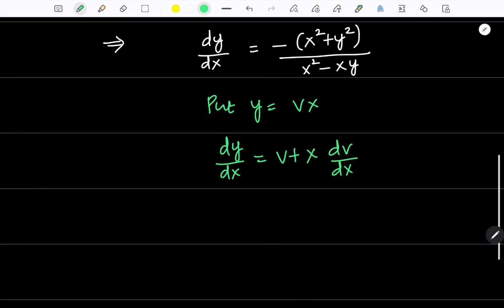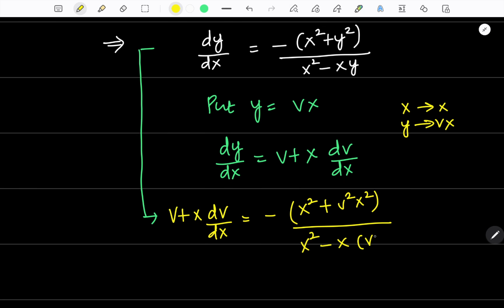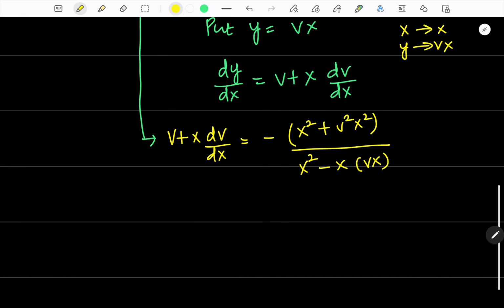Okay, right. So now in this equation, we are going to put all the values here, right? So v plus x dv by dx is equal to minus bracket open. x is x only, y only we are converting into vx. So x square plus v square x square divided by x square minus x into vx. All the time x must be cancelled, keep in your mind, because it's homogeneous differential equation.